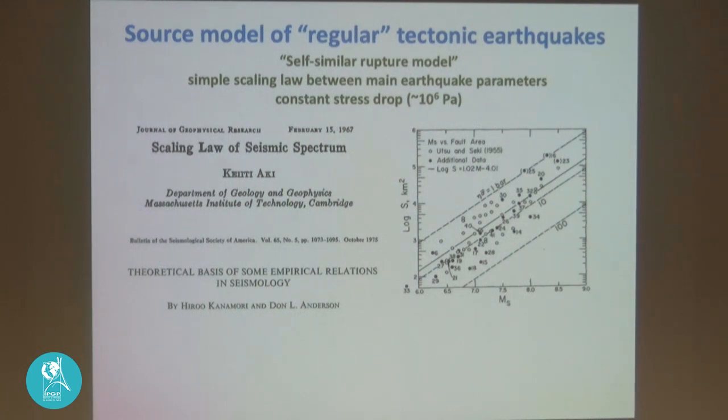There are two, I would say, keystone papers on this subject from Keiiti Aki and Hiroo Kanamori, when they show that a very simple mathematical model can explain the scaling between main parameters of earthquake, like magnitude and size in this case, or others, for earthquakes in the range of magnitude between, I would say, 2 and 9.